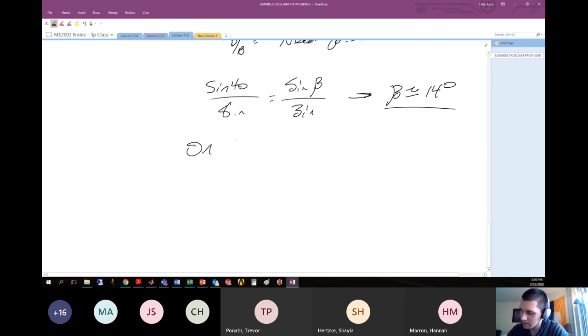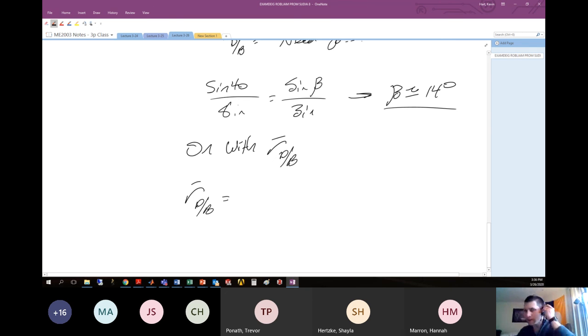So then on with the position vector locating D from B. Now we can sort of work our magic here.